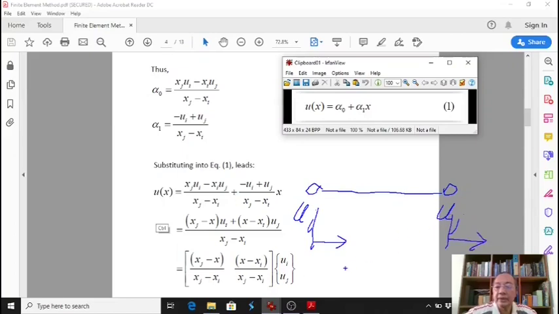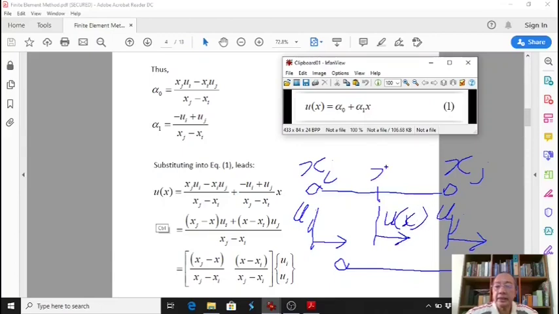After this displacement takes place, this is the new deformed shape of the element. The position here is xi, and this is xj. So this is ux.